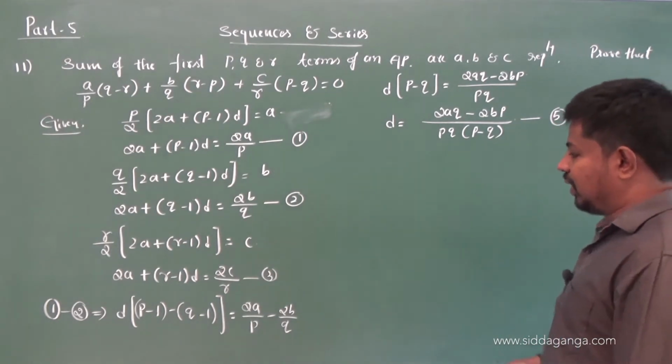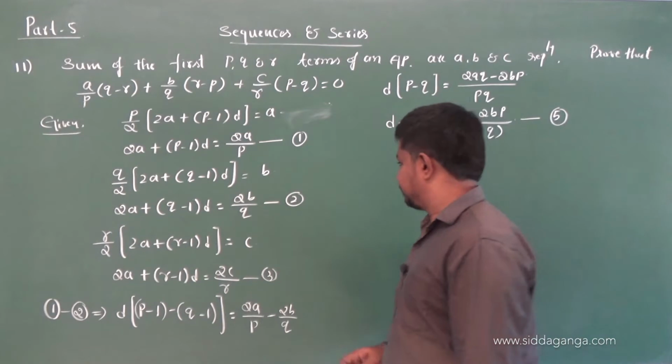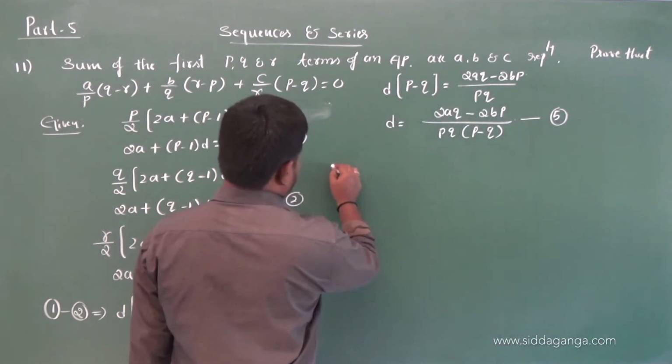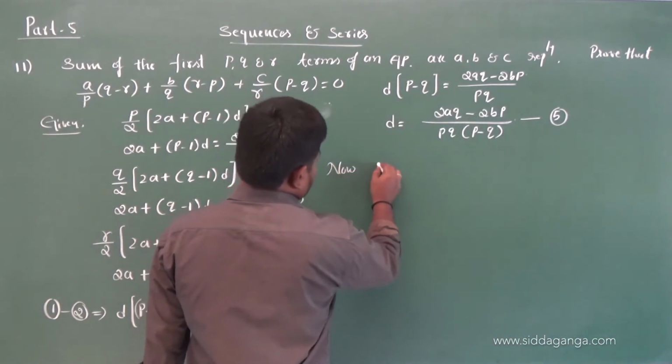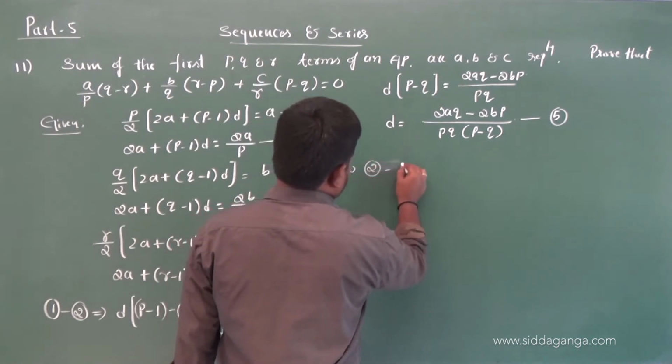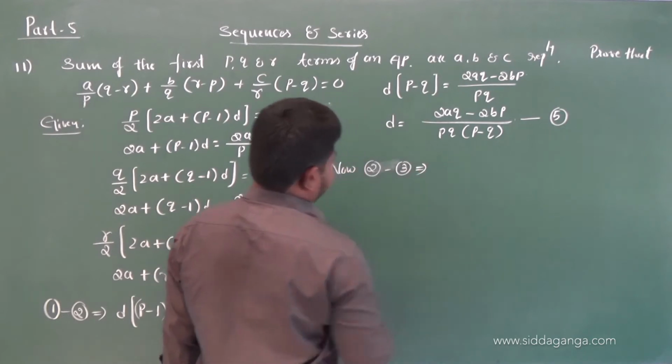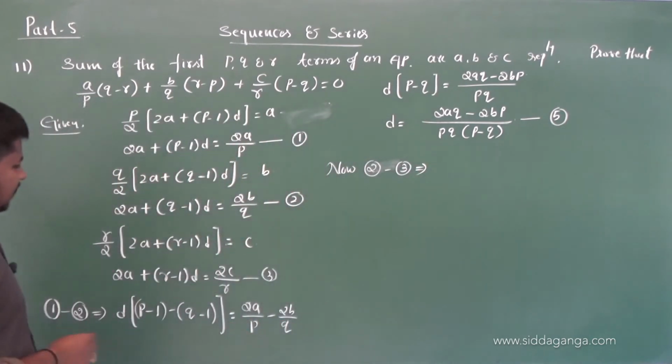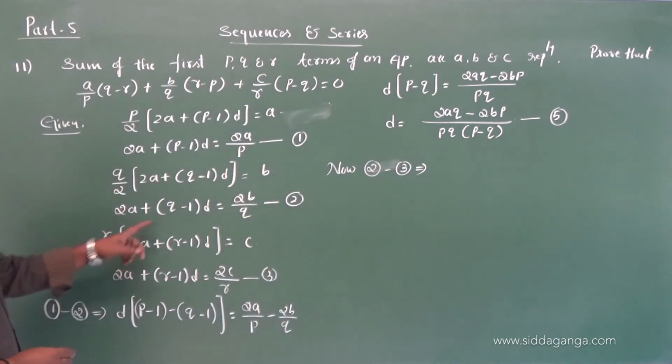Now in the same way, let me find 2 minus 3. 2 minus 3 gives, in the same way, 2a gets cancelled.